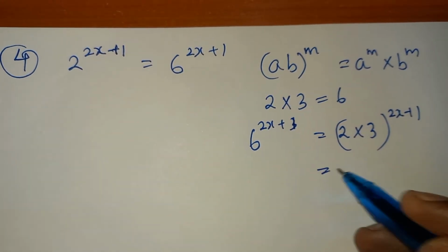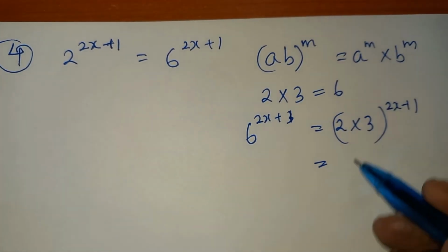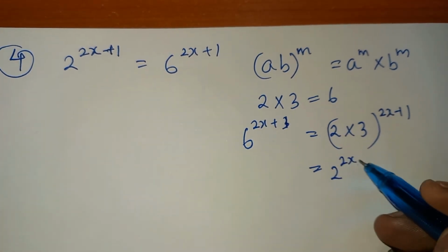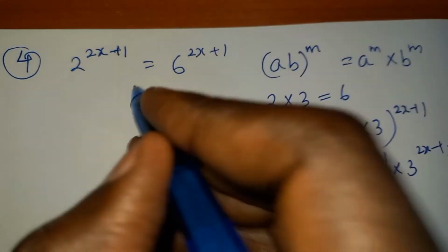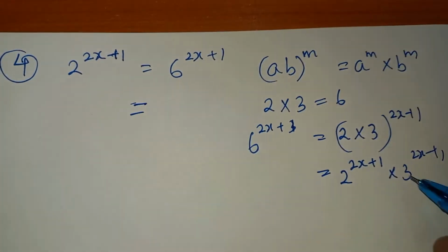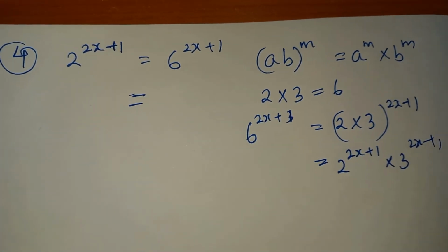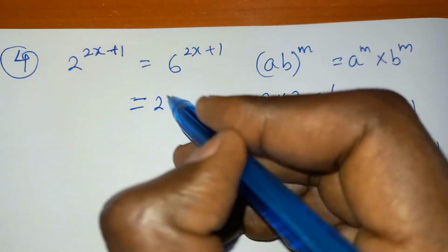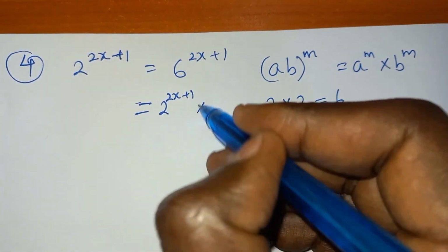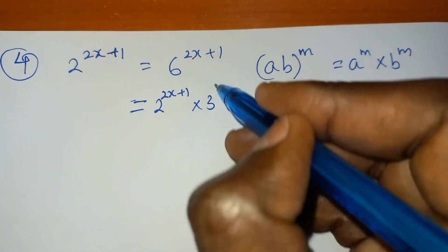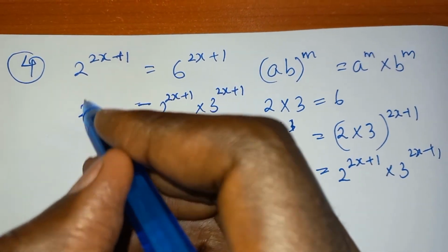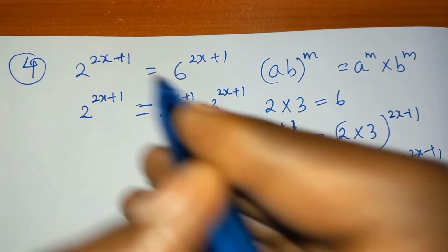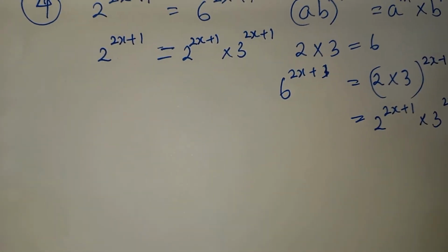And using this rule, we can show that this is the same as 2 raised to power 2x plus 1 multiplied by 3 raised to power 2x plus 1. So we could rewrite the right-hand side as 2 raised to power 2x plus 1 multiplied by 3 raised to power 2x plus 1. And this is the same as 2 raised to power 2x plus 1 on the left.